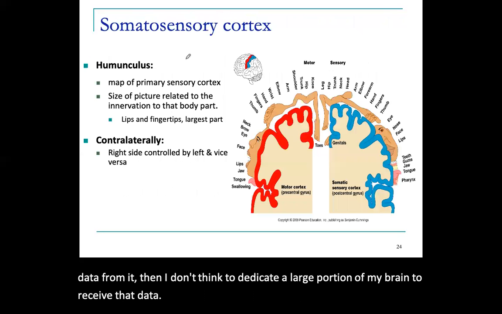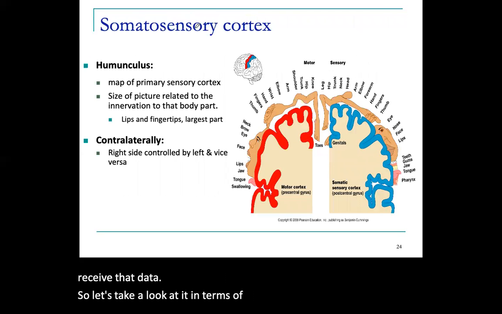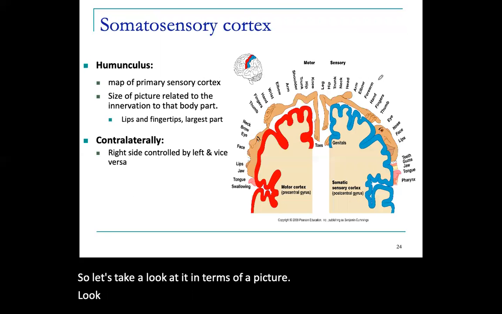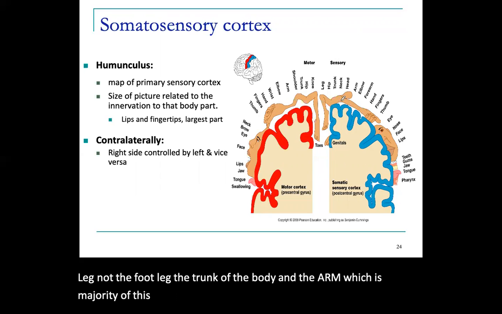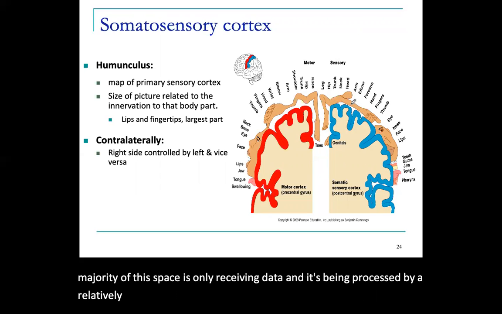So let's take a look at it in terms of a picture. Look at this, guys. You have the leg, not the foot, the leg, the trunk of the body, and the arm, which is the majority of the space, but is only receiving data that is processed by a relatively small part of your brain. But look at your hand.